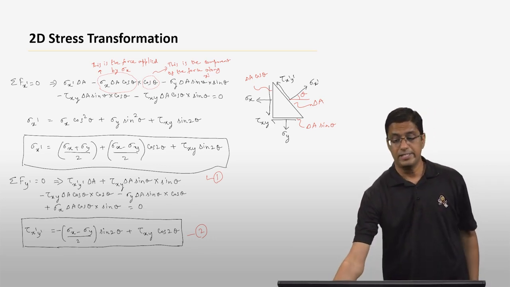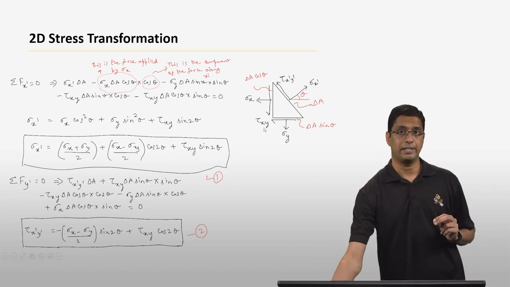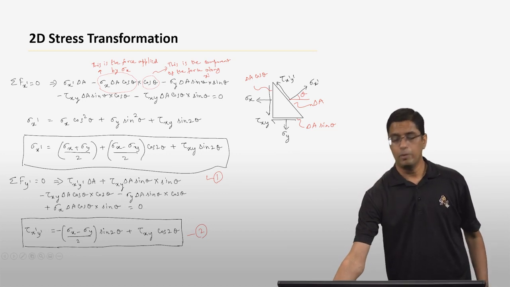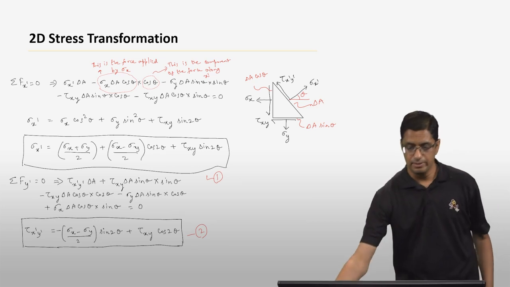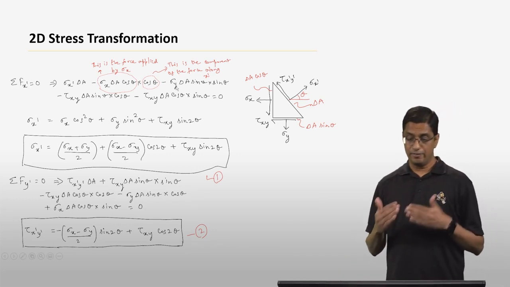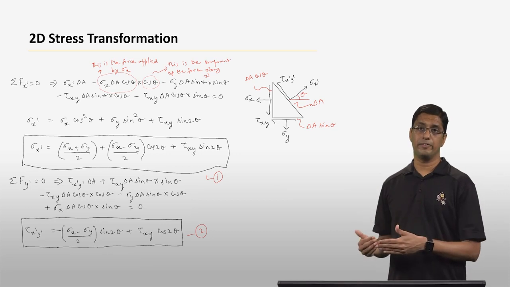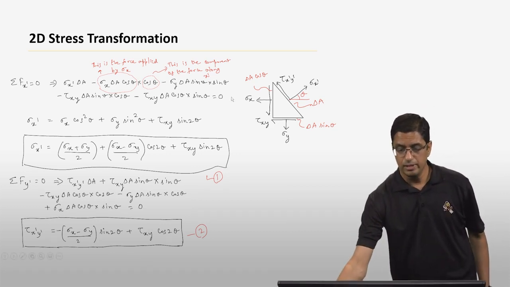But now we have several other terms that also could contribute to force in the x prime direction. So now let's look at sigma y. Sigma y is acting on an area delta A sine theta. So that is what we have here, sigma y times delta A sine theta. Again that force is in the y direction, so we have to find the component of that force along the x prime direction, which is sine theta.